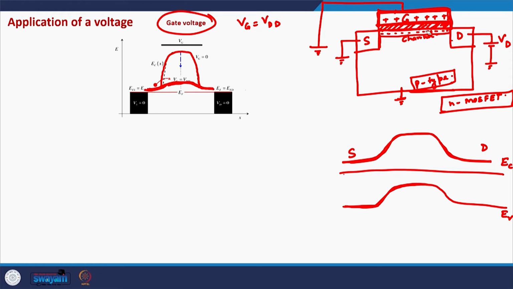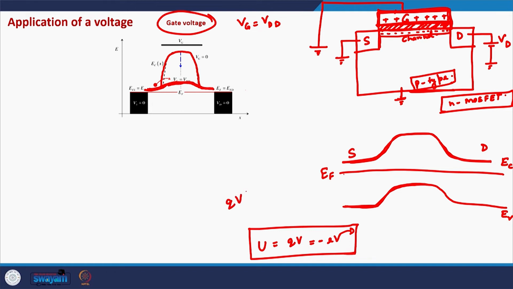So in this case, what happens is that if there is a positive voltage on the drain terminal, again from this relationship, minus E times V, if V is positive, the potential energy of electrons will be reduced on the drain side, and the Fermi level will also go down by Q times V on the drain side.